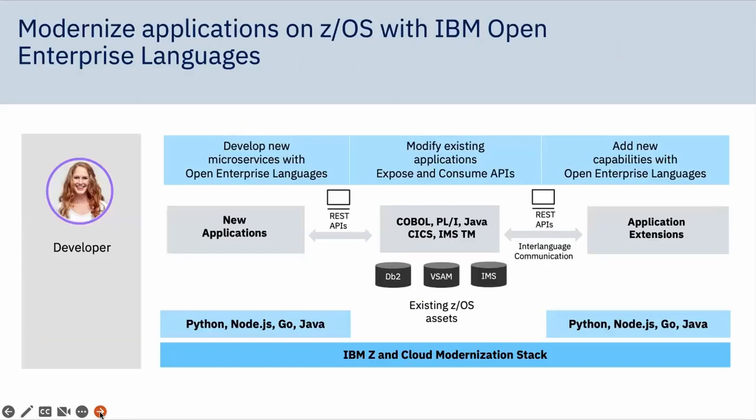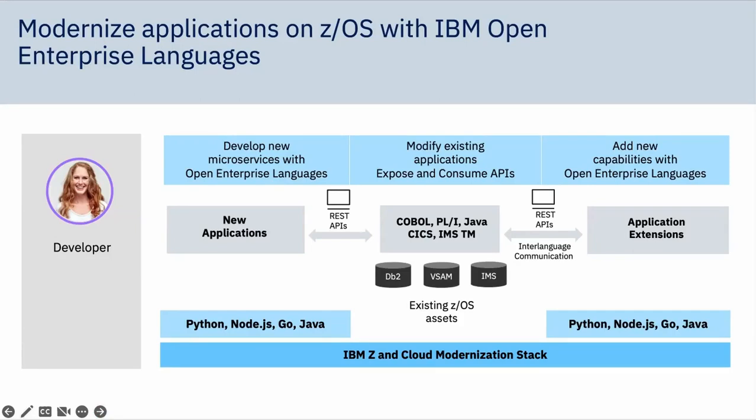So I wanted to summarize here, to see what we're talking about, right? If you take a look at the middle part, we have a lot of business critical applications that are already written and running well. These applications are traditionally written over decades using COBOL, PL/I, and Java.